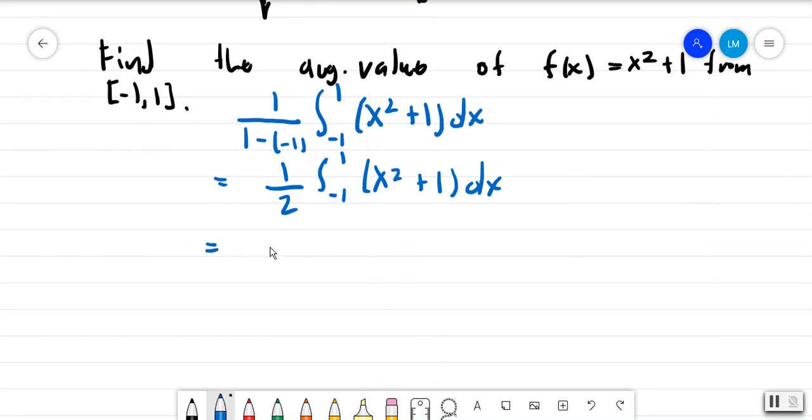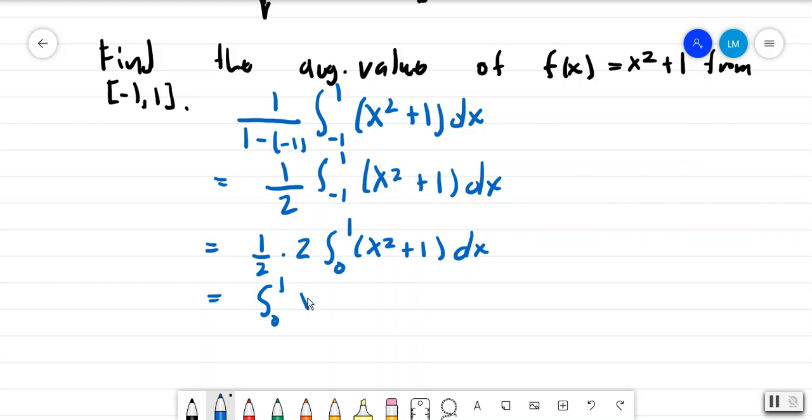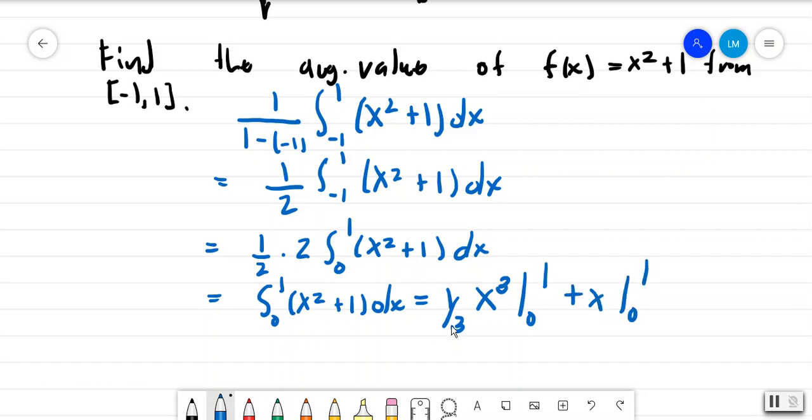So you have 1 half multiplied by 2 multiplied by the integral from 0 to 1 of x squared plus 1 dx, and this is equal to just the integral from 0 to 1 of x squared plus 1 dx. And we're going to do this one more time. We're going to have 1/3 x cubed from 0 to 1 plus x from 0 to 1.